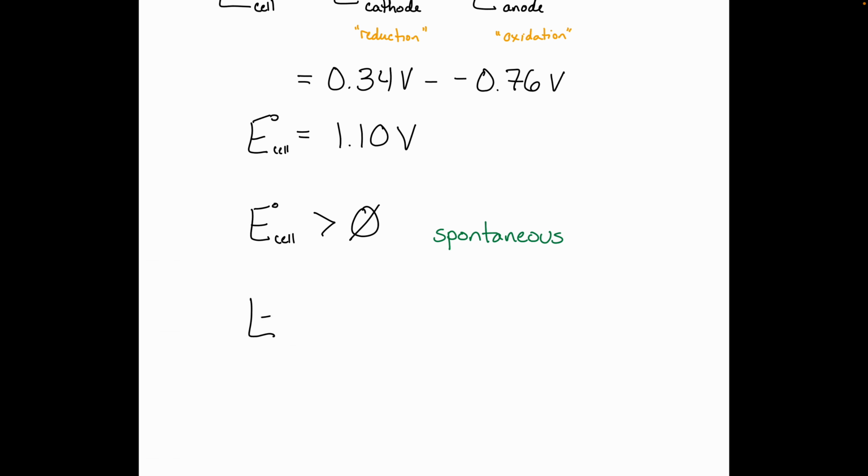All right, when E naught cell is less than 0, we would say that that is a non-spontaneous battery.